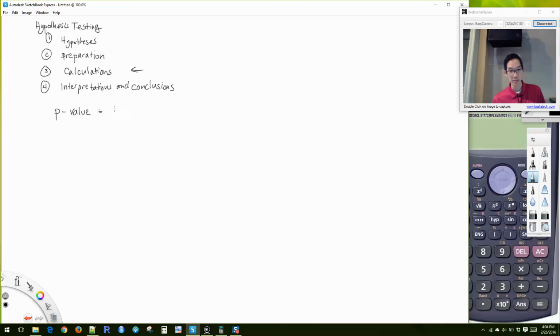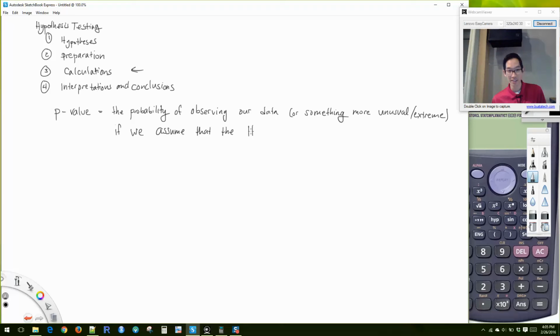And the p-value is the probability of observing our data or something more unusual / extreme if we assume that the null hypothesis is true.